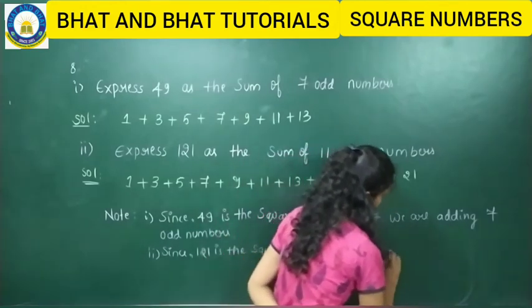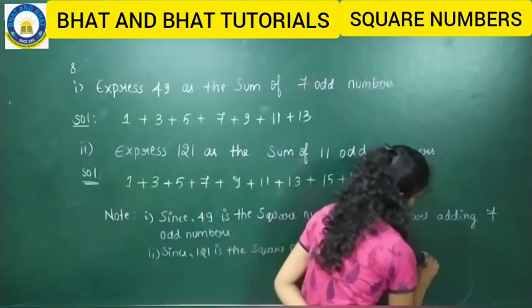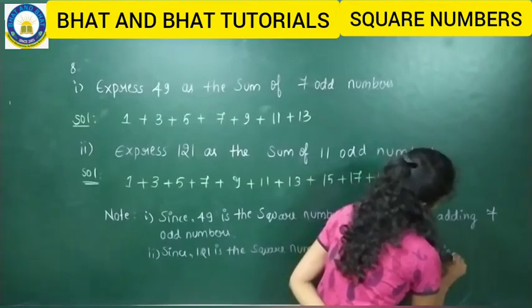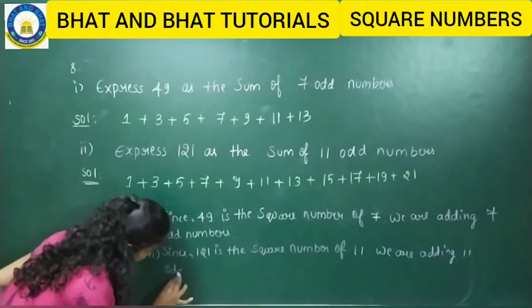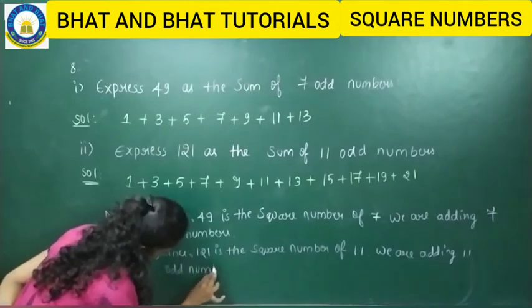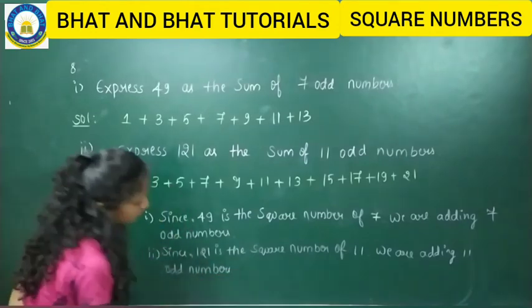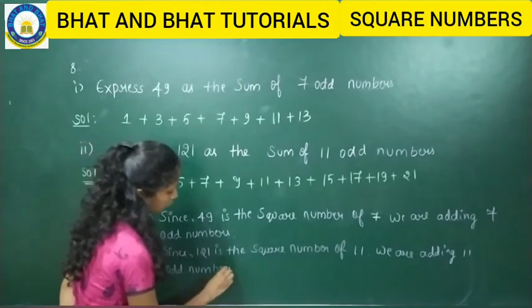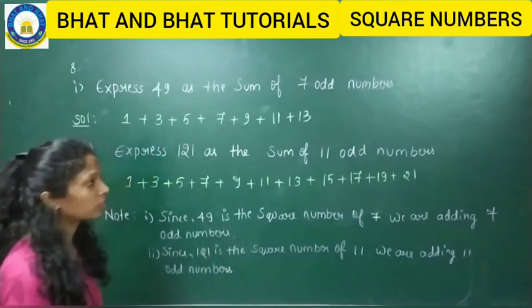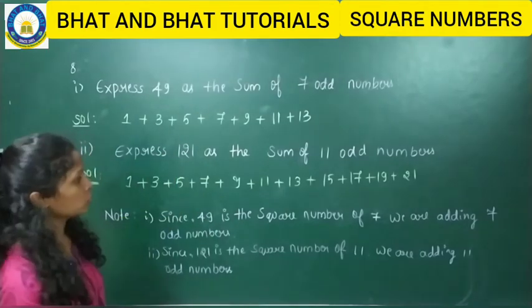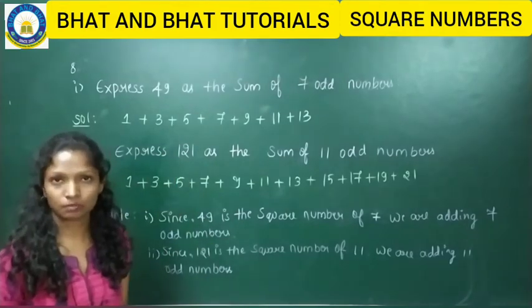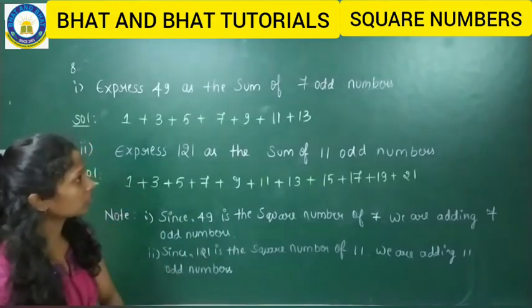So we are adding 11 odd numbers. Got this? So since 49 is for 7, we are adding 7 odd numbers, and for 121 it is 11. So we are adding 11 odd numbers. Well, copy down this now.